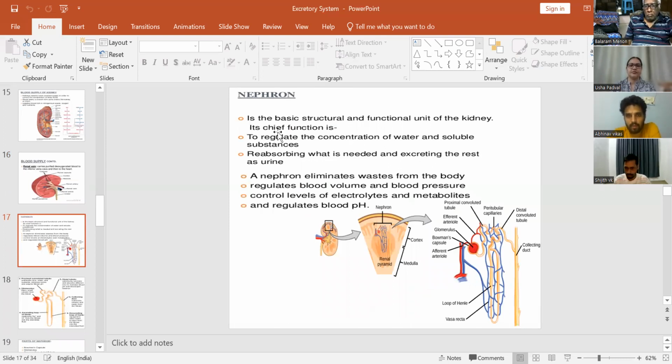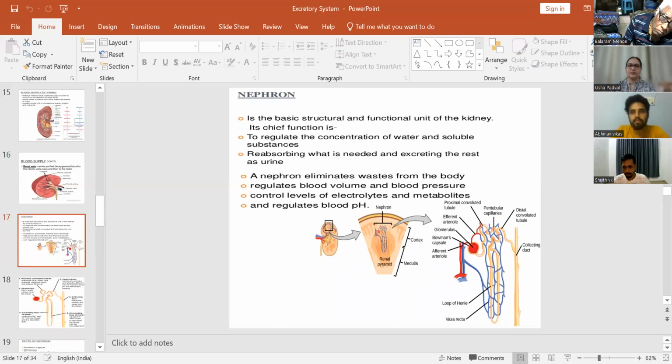Then you have a nephron. What is a nephron? Can you see here in the diagram? How many nephrons are there in the kidney? We'll see. It is the basic structural and functional unit of the kidney. What is the basic structural unit of a human body? It is a cell.